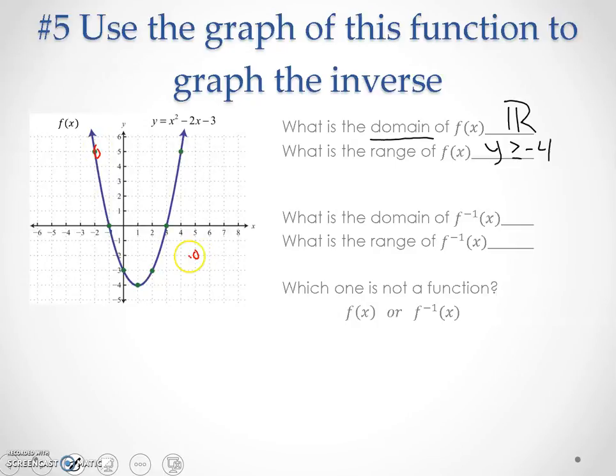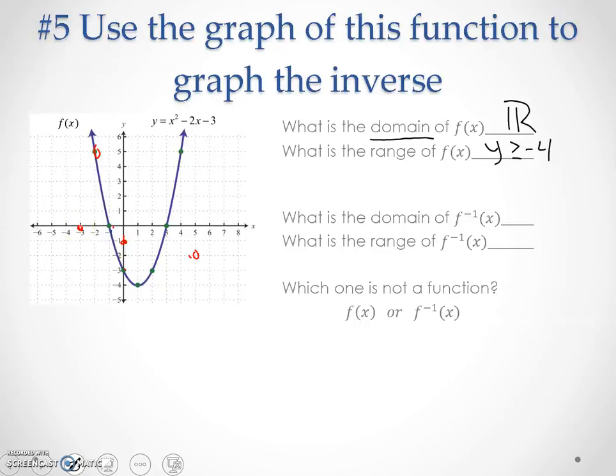That's going to be mapped with that point right there. Then I have this point here, which is -1, 0. And if I went 0, -1, I'd have this point right here. Then if I take this point, which is 0, -3, and I switch the x and the y around, I'd have -3, 0, which is right here.